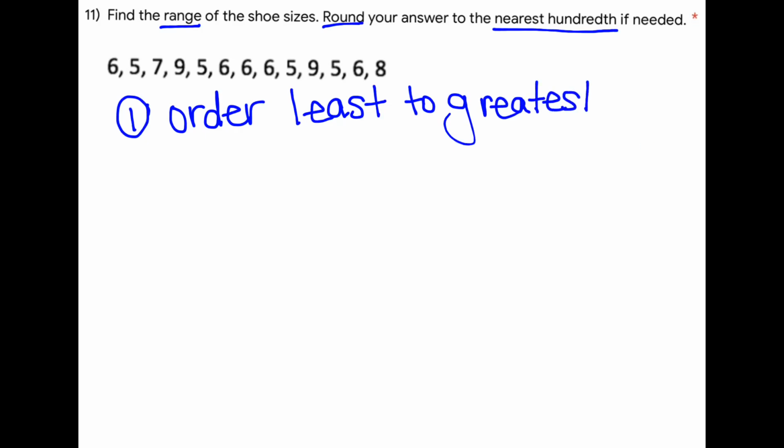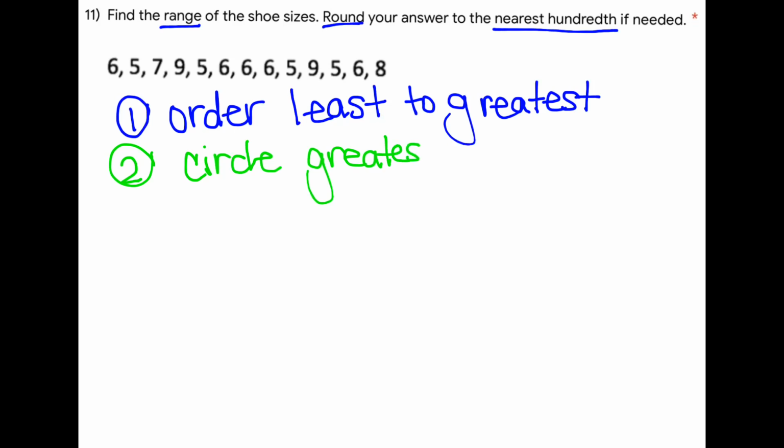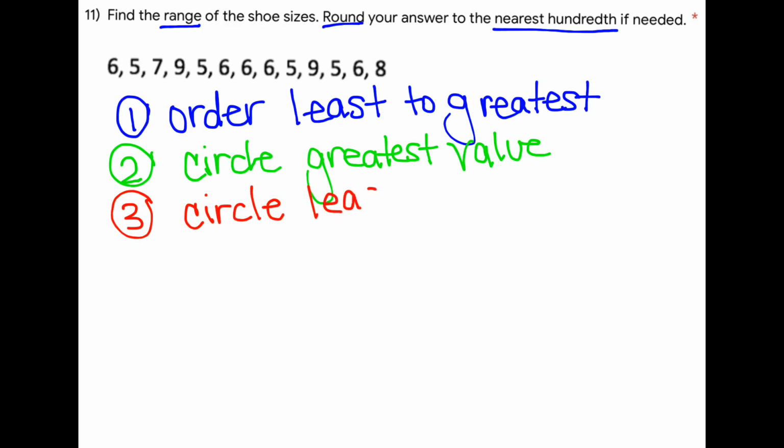Step 2, we circle the greatest value. Our third step is we circle our least value. And remember, our least is our smallest.